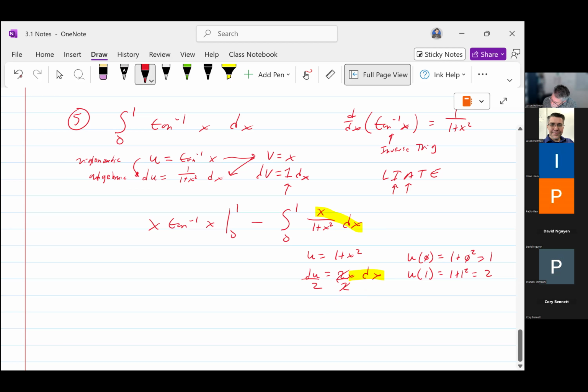Okay, and so my new integration will be x inverse tangent of x from 0 to 1 minus the integral from 1 to 2 of 1 over u du over 2.